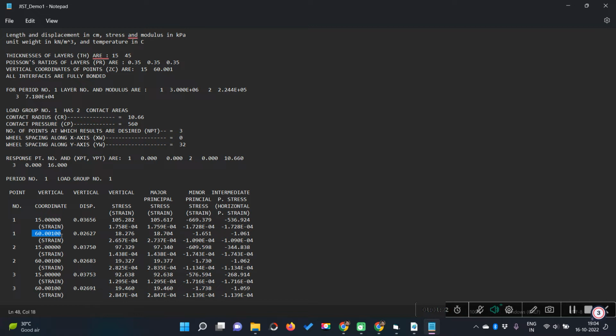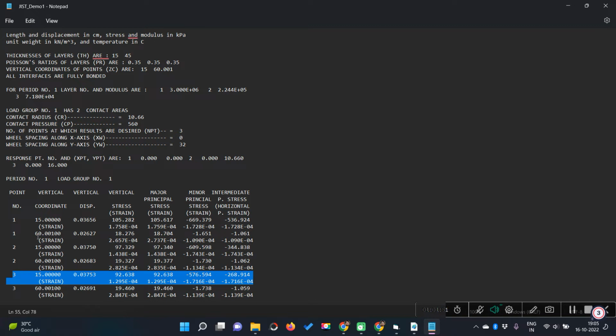So Z is equal to 60, the second one, right? So this line we can ignore, this line we can ignore, and this line we can ignore. Now out of the remaining three, it can be either at the center of the wheel, the edge of the wheel, or the center of the wheel assembly.